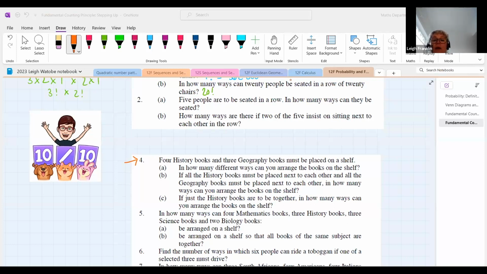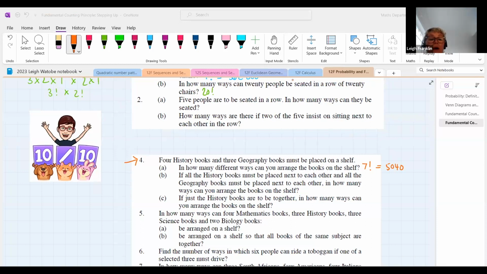And how many different ways can you arrange them on the shelf? 4A. Okay. Books don't have to necessarily be next to one another. That's it. Okay, Pumzile, quite right. Right, so this would be 7 factorial because we're not saying that the books have to be arranged next to each other. So it would simply be 7 factorial ways, which would give us 5040.